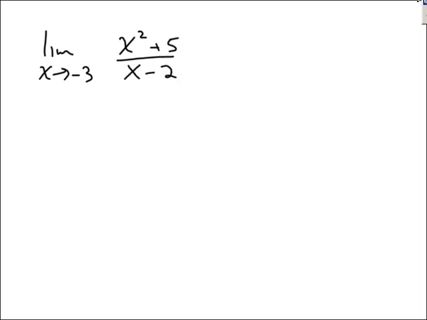So, what you need to do, usually, is to plug in the value that you're approaching. If you were asked to find the limit as x approaches negative 3 of x squared plus 5 over x minus 2, well, you plug in negative 3 for x.